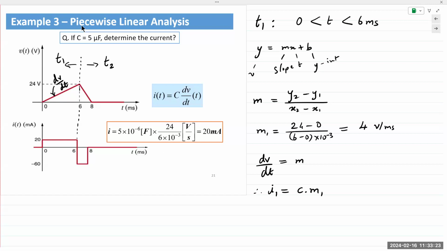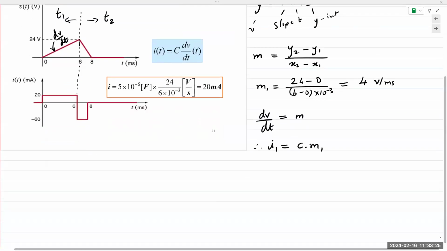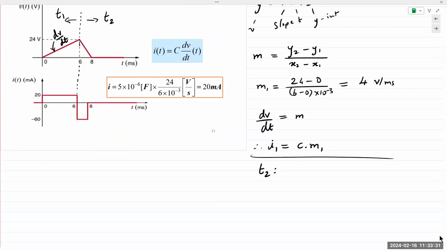In the second time period, if I go to T2, it is between 6 and 8 milliseconds. And so M2 would be 0 minus 24 over 8 minus 6, times 10 raised to minus 3.